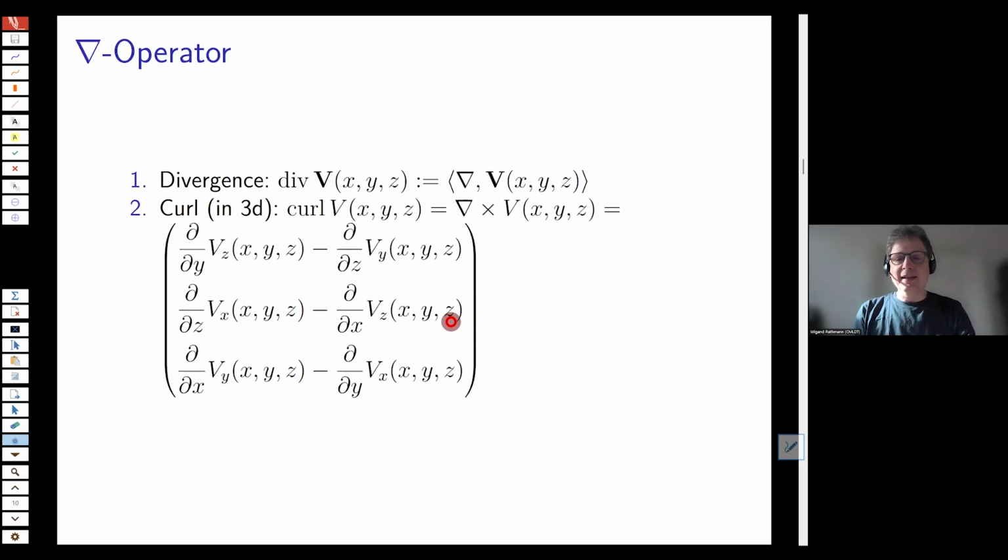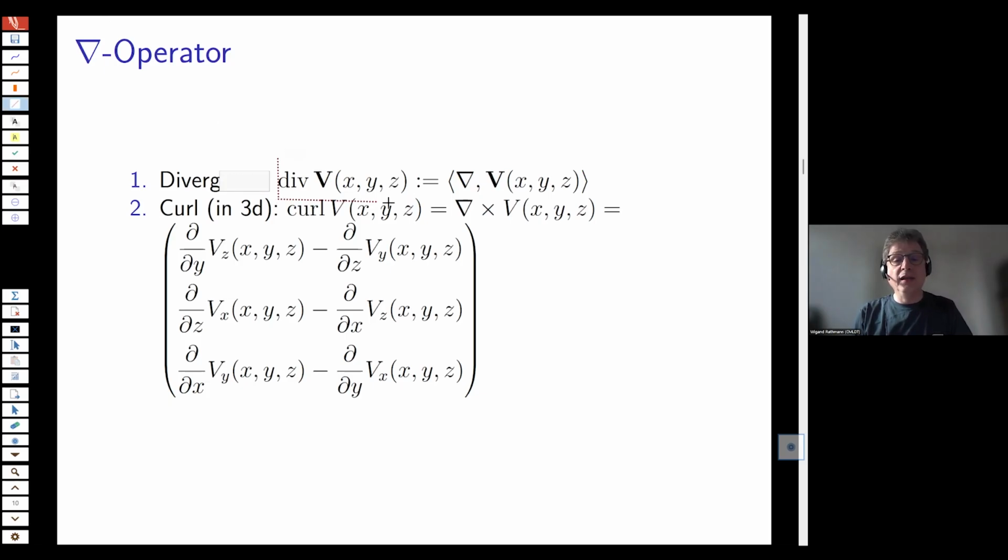Okay, then at this point, the students are not always happy when we introduce a divergence, or you see here already in the headline, the nabla operator. I really like this. And then we can very compactly define 2 operations, like the divergence of a vector field.